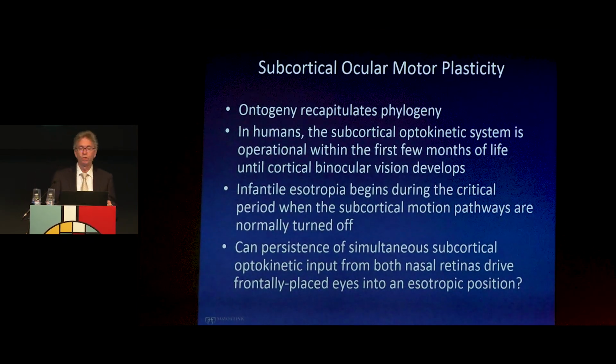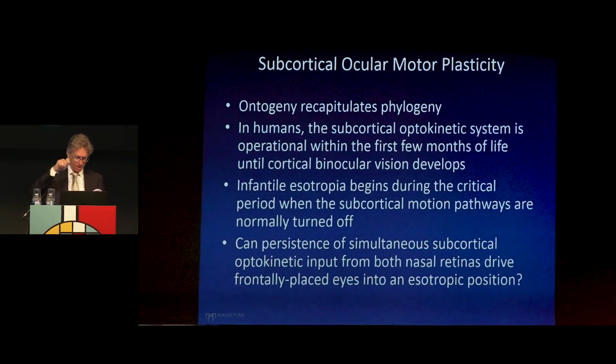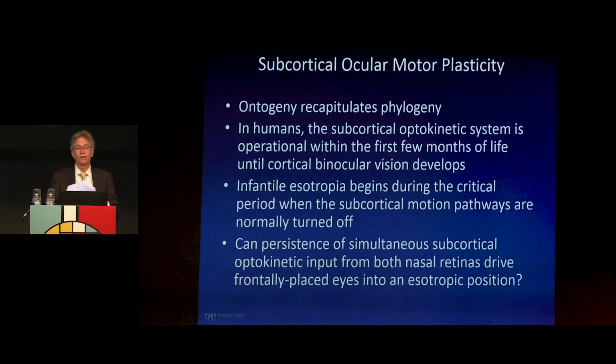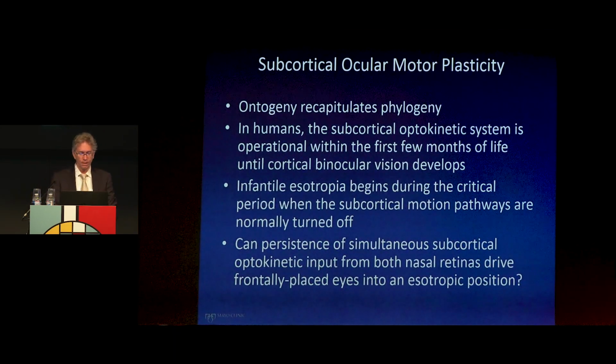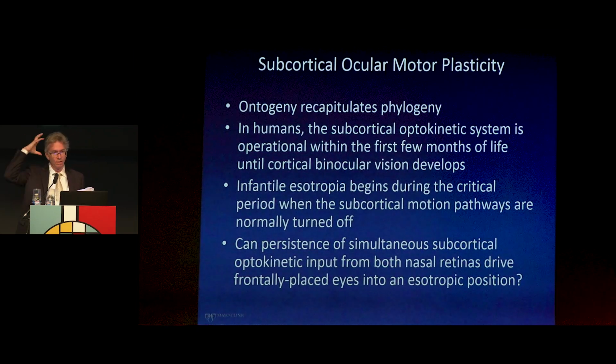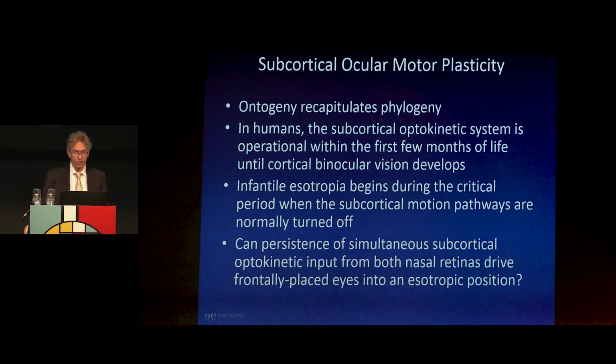And that's why a newborn baby won't follow a pen light, but will show optokinetic responses to a full field surround even on day 1 of life. As our binocular cortical motion pathways mature, our subcortical motion system loses its plasticity and gets shut down forever, and this occurs at about 2 to 3 months of life.